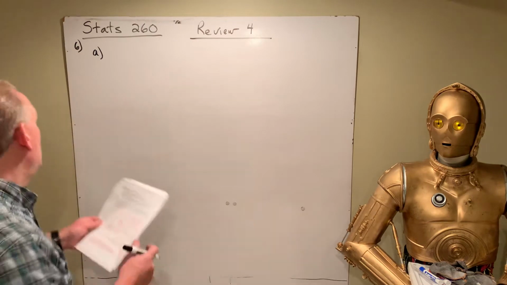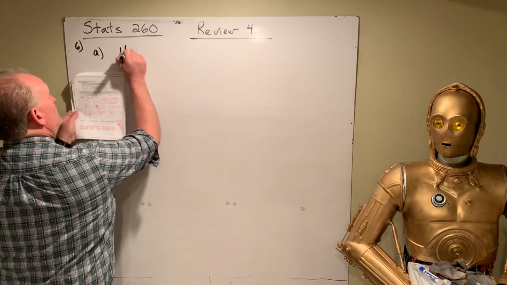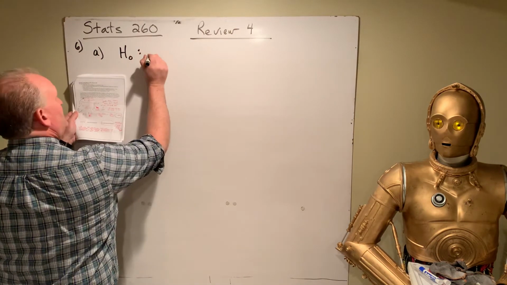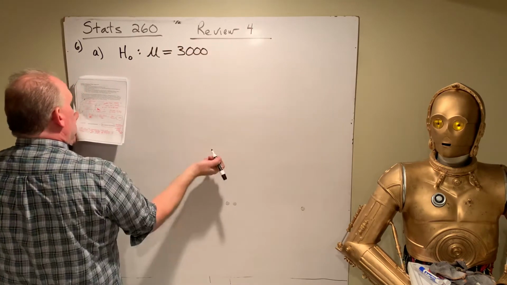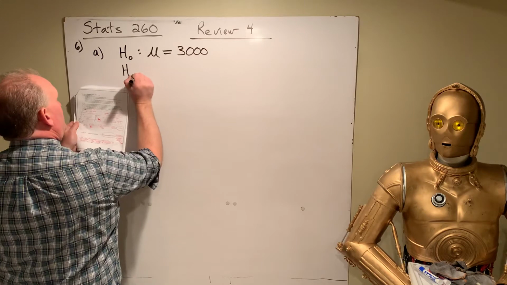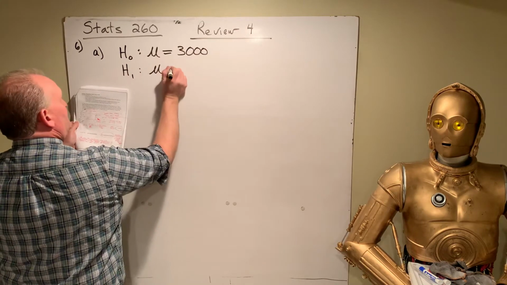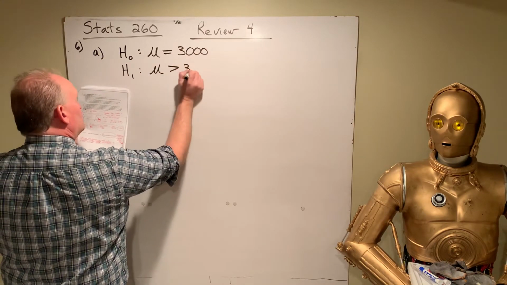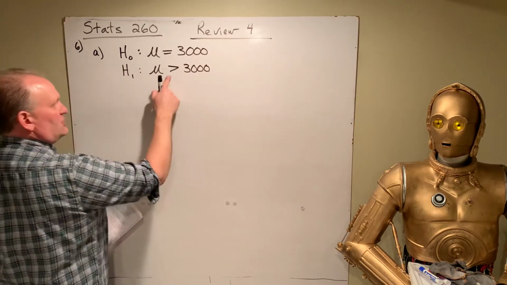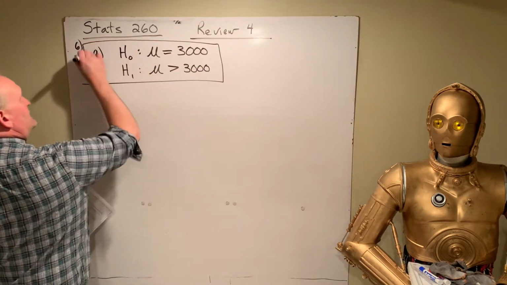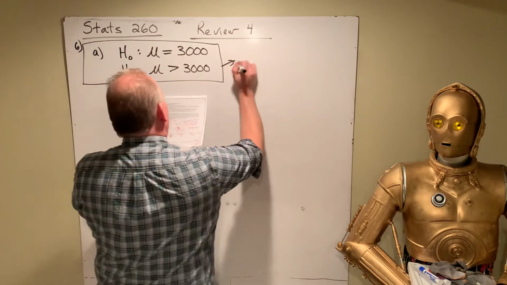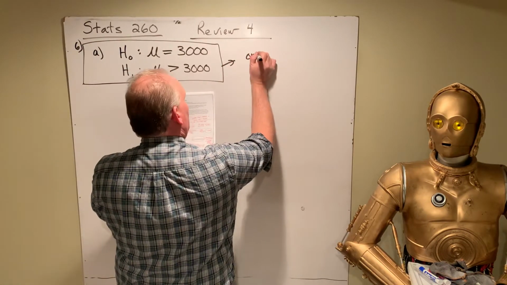And so the null hypothesis, that means I did this plant food and it's still basically 3,000. The alternative is it's a plant food that's supposed to be increasing, so it's greater than. And so in the context of this problem, that means this is a one-tailed test.